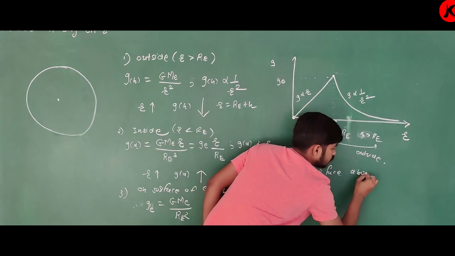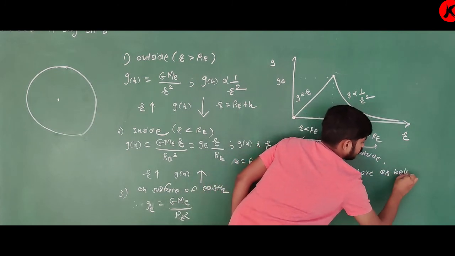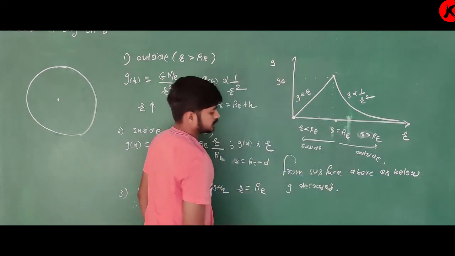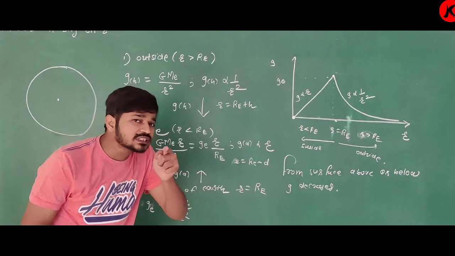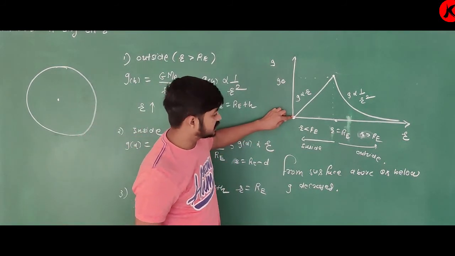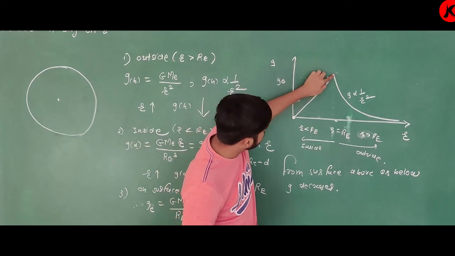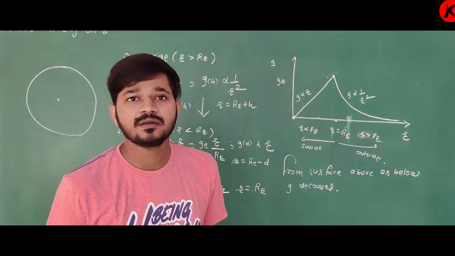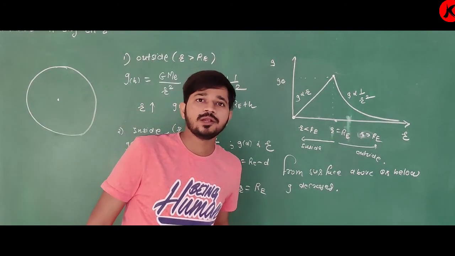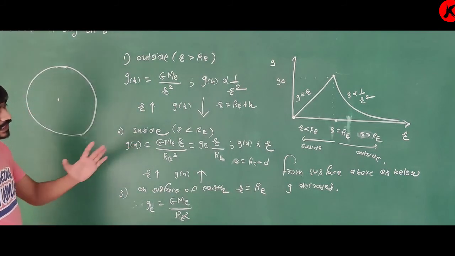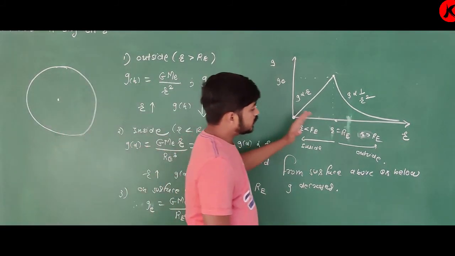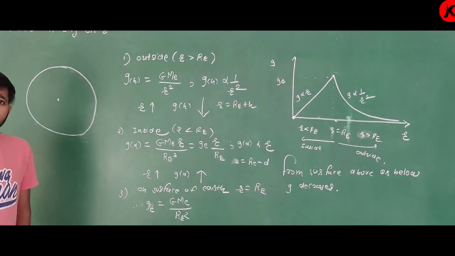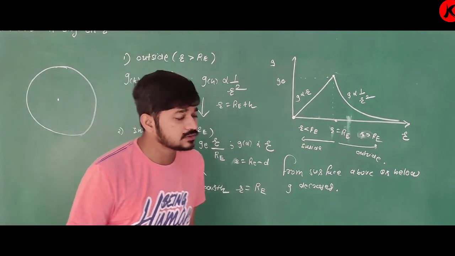But with respect to the center of Earth, it first increases, becomes maximum, and then decreases. Clear? So the statement depends on what you are observing with respect to. So yes, these equations and this graph of gravitational acceleration versus distance from center, you have to remember. So, with this, that is it for today.